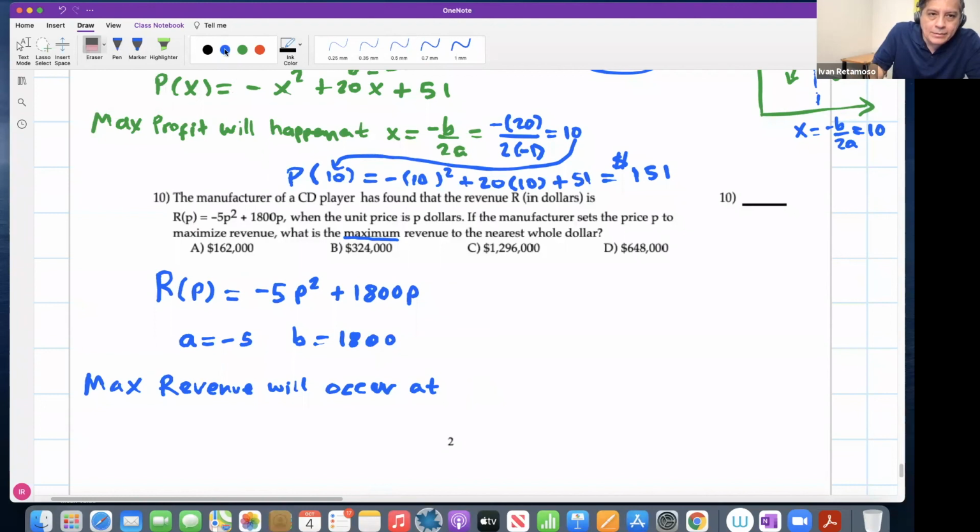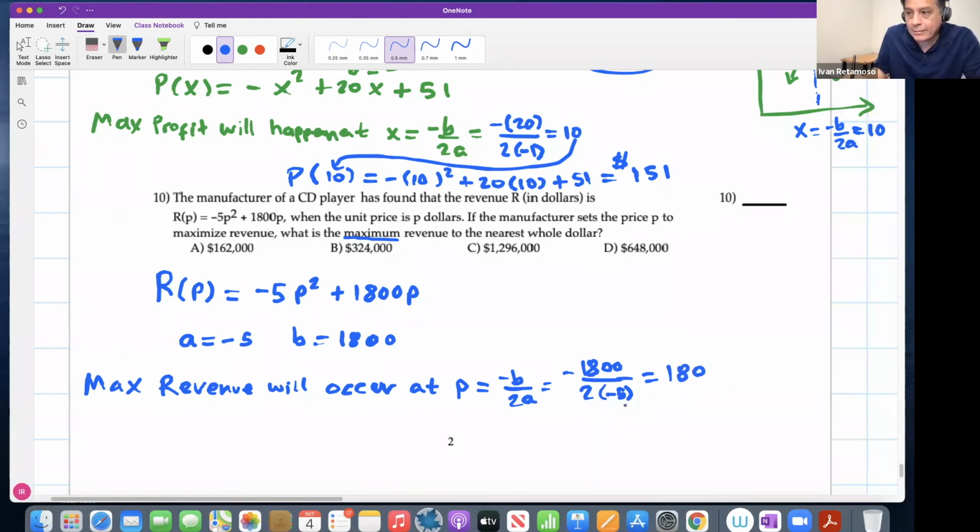Because the input value is represented by P, at P equal minus B over twice A, right? But what is that? Well, minus, this is B, 1,800 over twice A, twice -5. This twice -5 is -10, and 1,800 over -10 is 180, right? You can compute this in your calculator if needed.